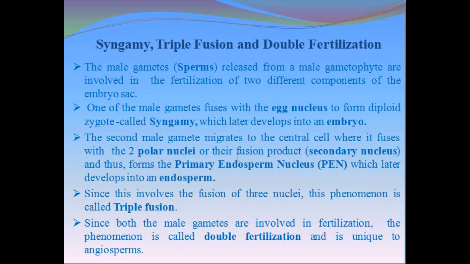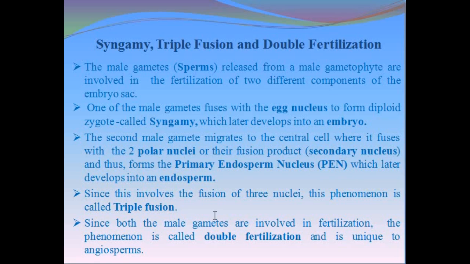This phenomenon is called syngamy, fusion of gametes, male and female gamete, which results in the formation of a diploid zygote, which later develops into an embryo. And the second male gamete migrates to the central cell, where it fuses with the two polar nuclei or their fusion product called the secondary nucleus, and thus forms the primary endosperm nucleus, which later develops into the endosperm.